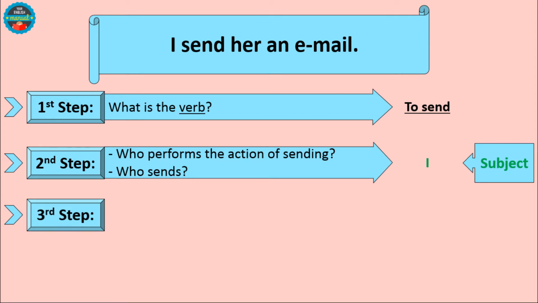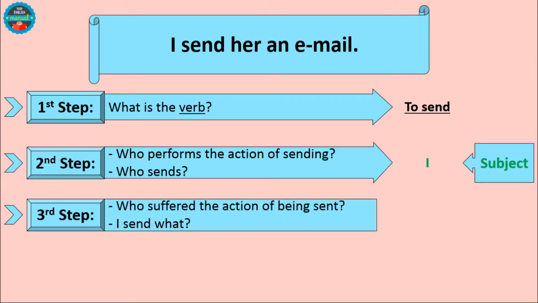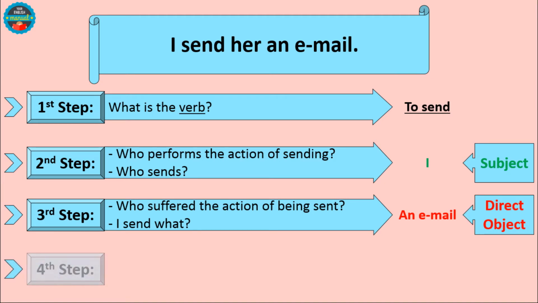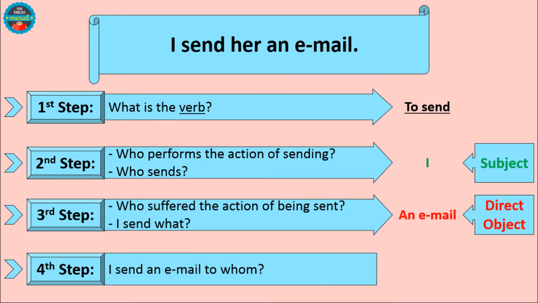Third step, who suffered the action of being sent, or I send what? Answer, an email. So, an email is the direct object of the verb to send. Fourth step, I send an email to whom? Answer, her. So, her is the indirect object of the verb to send in this sentence.